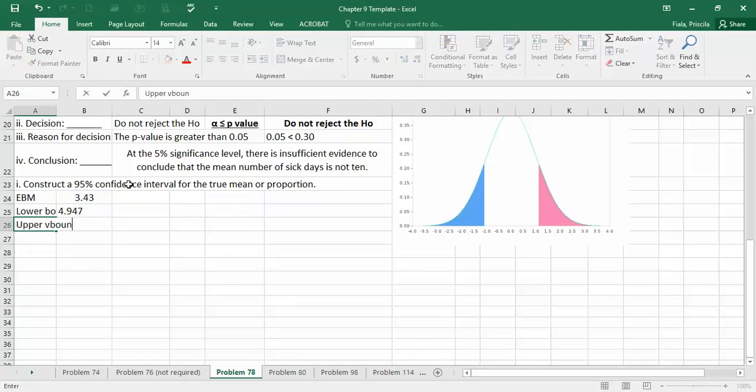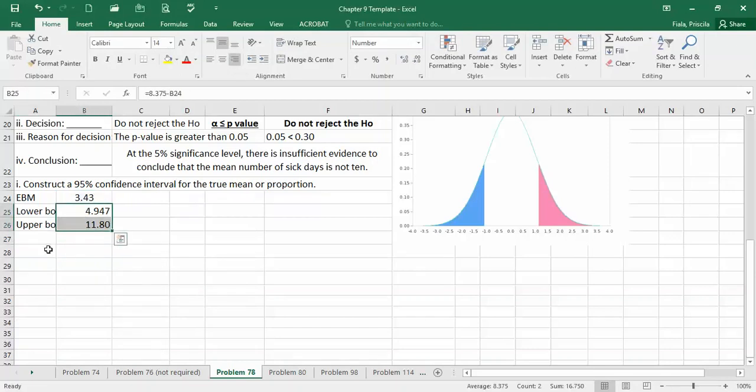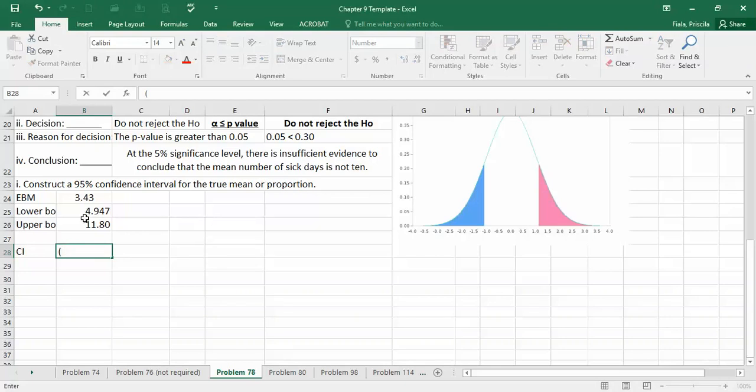To find my upper bound, equals my 8.375, which is my sample mean, plus this value. And now we can see the confidence interval for the t-value, 7 degrees of freedom at 5%, is 4.947.